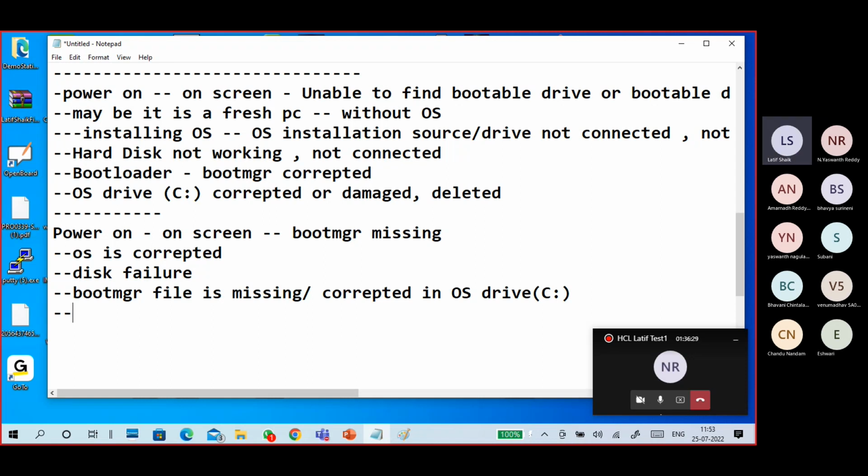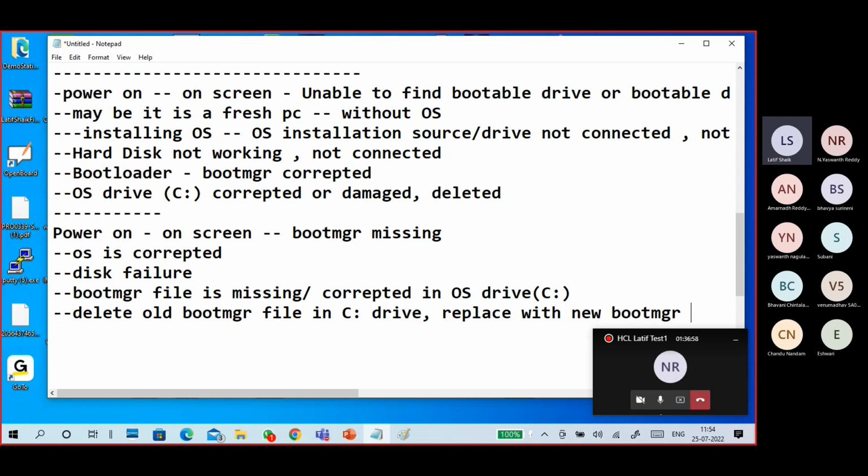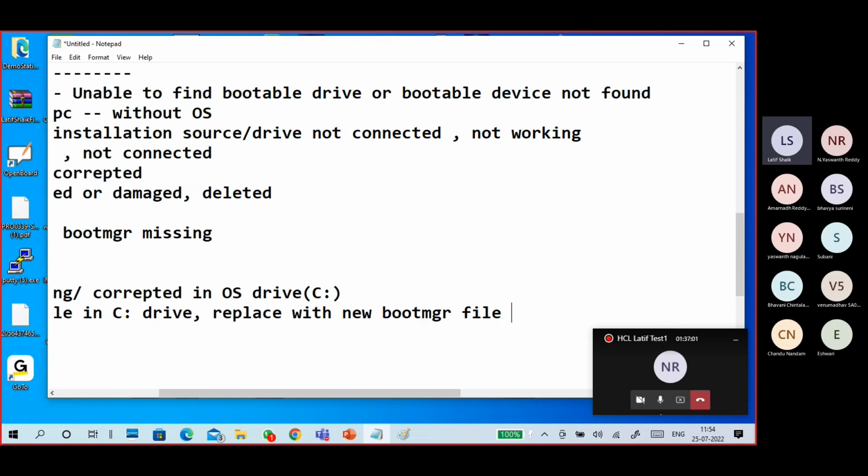What to do? Copy, delete the old boot MGR file in the C drive, and replace it with a new MGR file from the DVD drive.